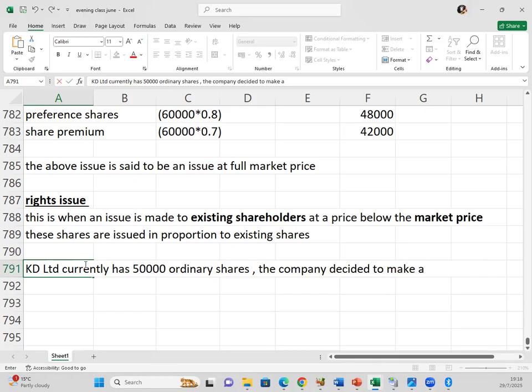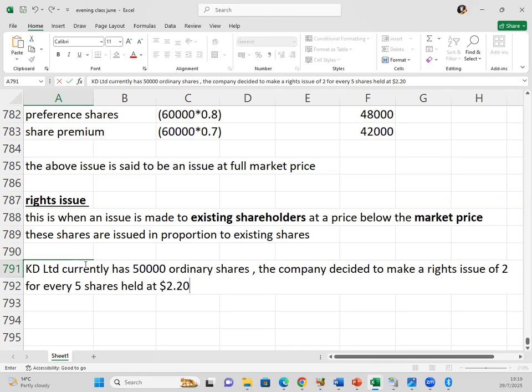Not a bonus issue, a rights issue, of 2 for every 5 shares held at $2.20.